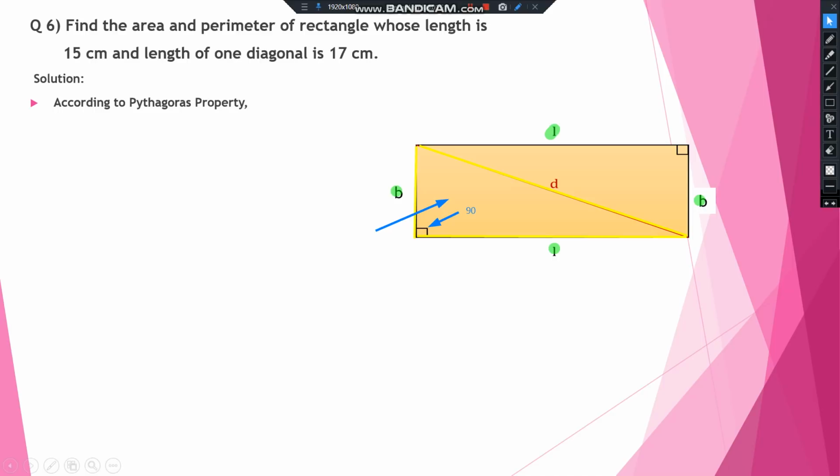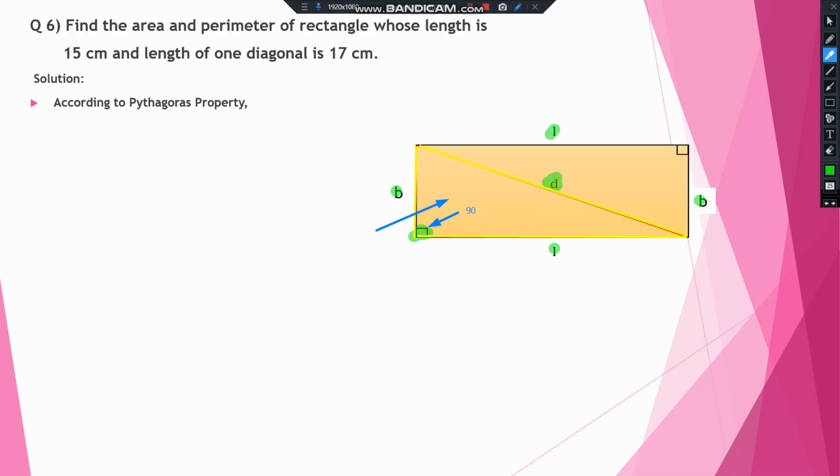Now since this angle is 90 degrees, the side opposite to this 90 degrees is the hypotenuse, which in this case is the diagonal of the rectangle.